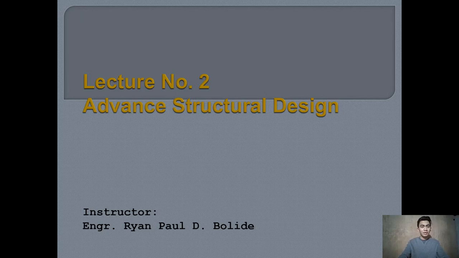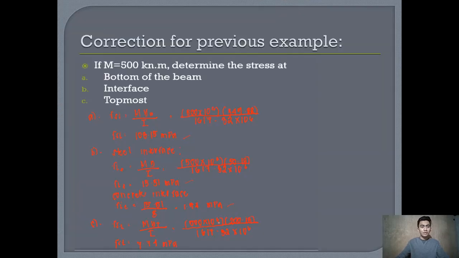There might have been a slight mistake which we missed during our computation. So kindly go back to your notes from our discussion last meeting, and take a good look at the topmost part computation of our beam.